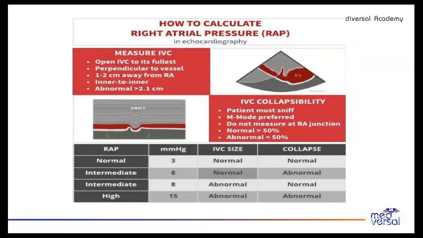Don't measure at the level of the RA junction. Generally, IVC will collapse 50% with respiration. If it is less than 50% collapse, it is abnormal. Or we can ask them to hold their breath also.